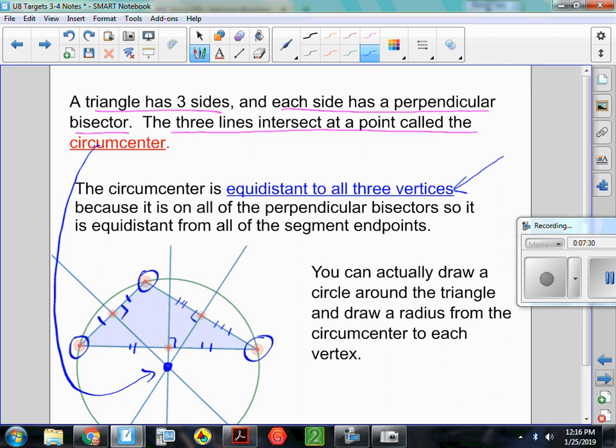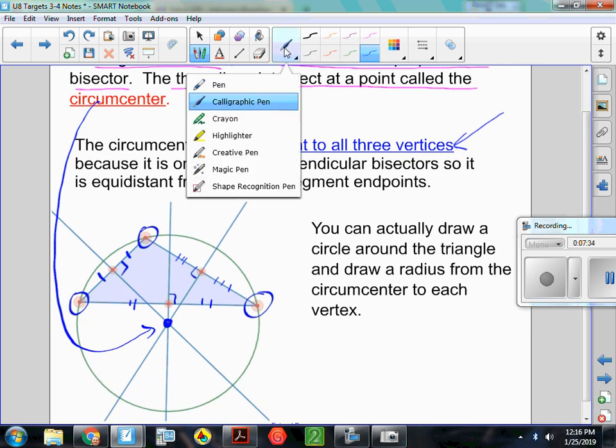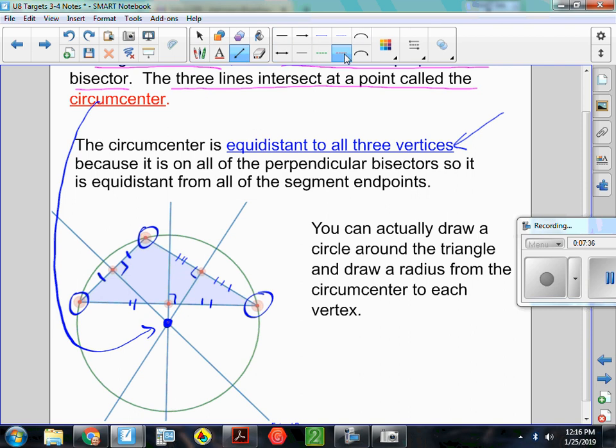So you can actually draw a circle around the triangle where you have a radius that can be drawn to each of the vertices. We know that the radii in a circle are always the same length within the same circle. So those red segments that I just drew are all the exact same length. And that's true for every circumcenter.